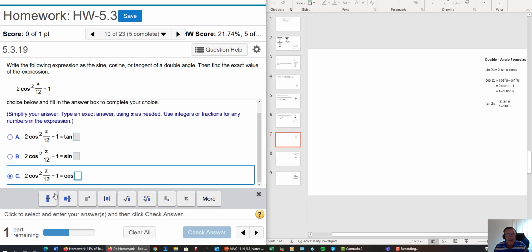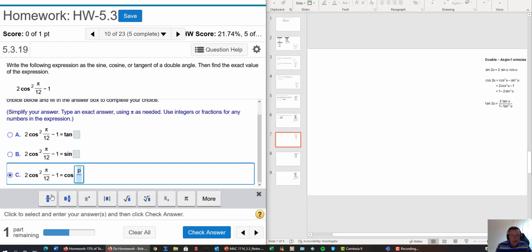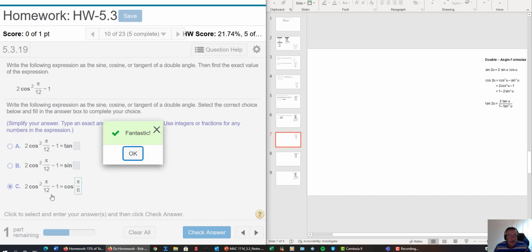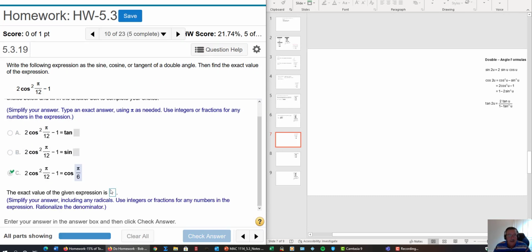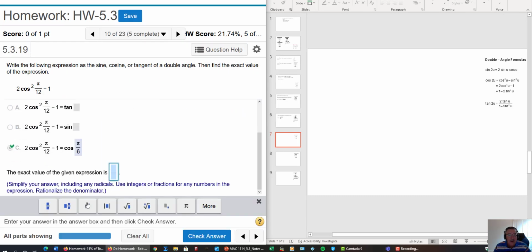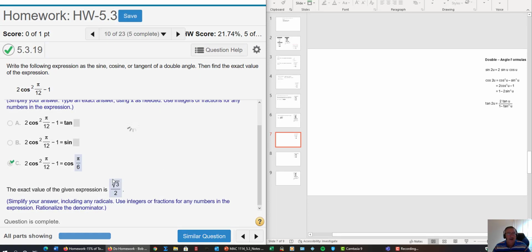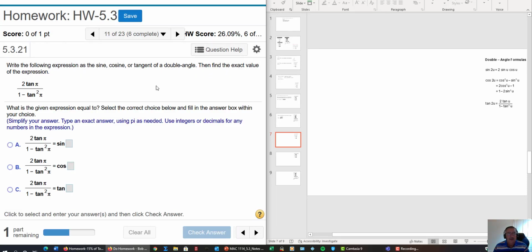I'll go ahead and do this one, I just like to have fun too. I like to get these right too, and it keeps your skill sharp: on the unit circle, the pi over 6 value is the square root of 3 over 2. All right, so the tangent one would be similar.